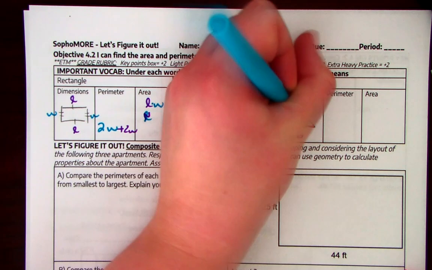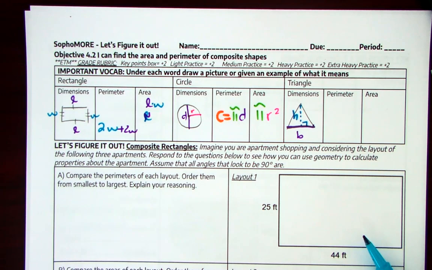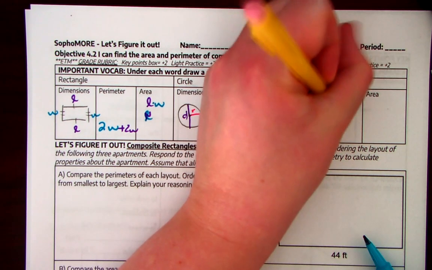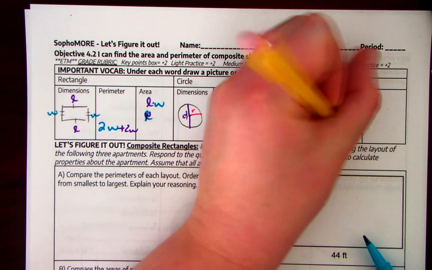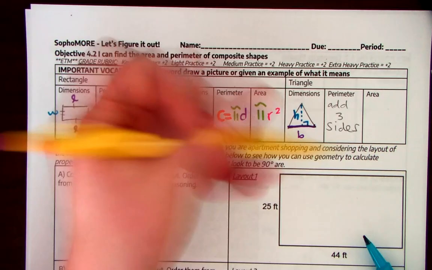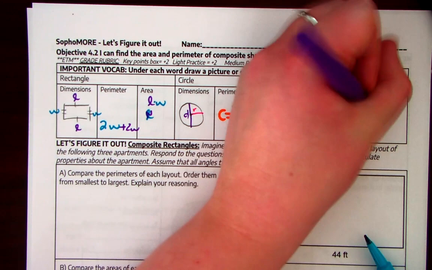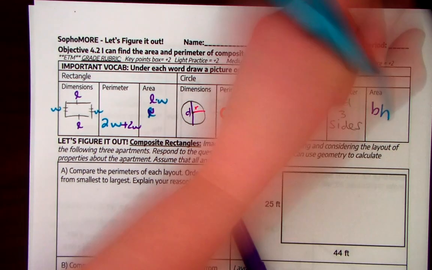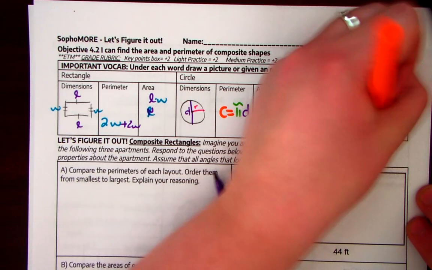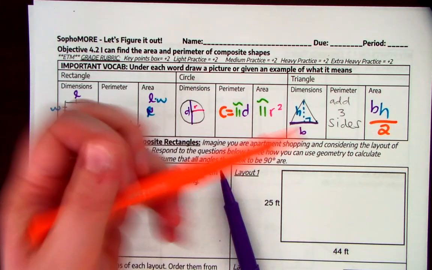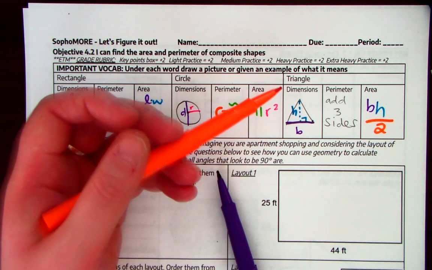We call that the height. How you find the perimeter is you just add the three sides. There's no formula because the three sides aren't always the same. And then area is base times height and then divided by 2. We've talked about how a triangle is half of a rectangle. Okay?